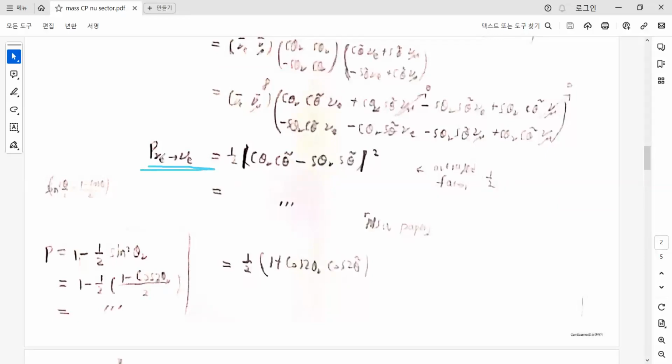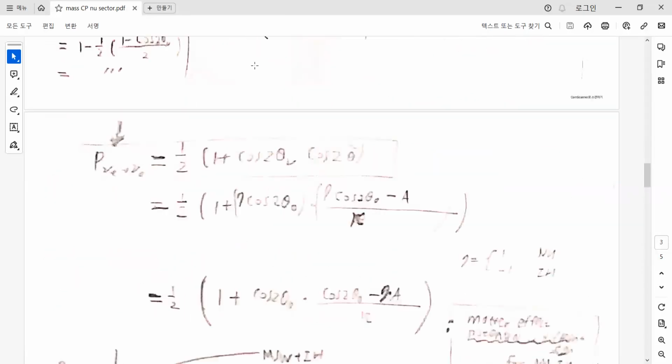The survival probability from the electron neutrino to the electron neutrino can be written like that. All the phase factors are averaged out through the 1/2, and theta tilde is in the sum as applied in the matter factor and cosine 2 theta ν. The mixing angles in the vacuum are especially the sum of the mixing between M plus and M minus.